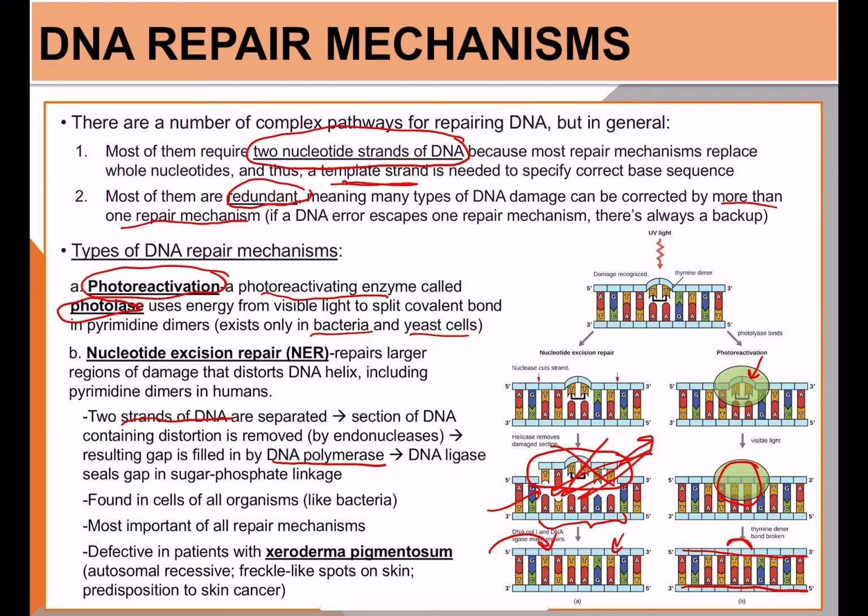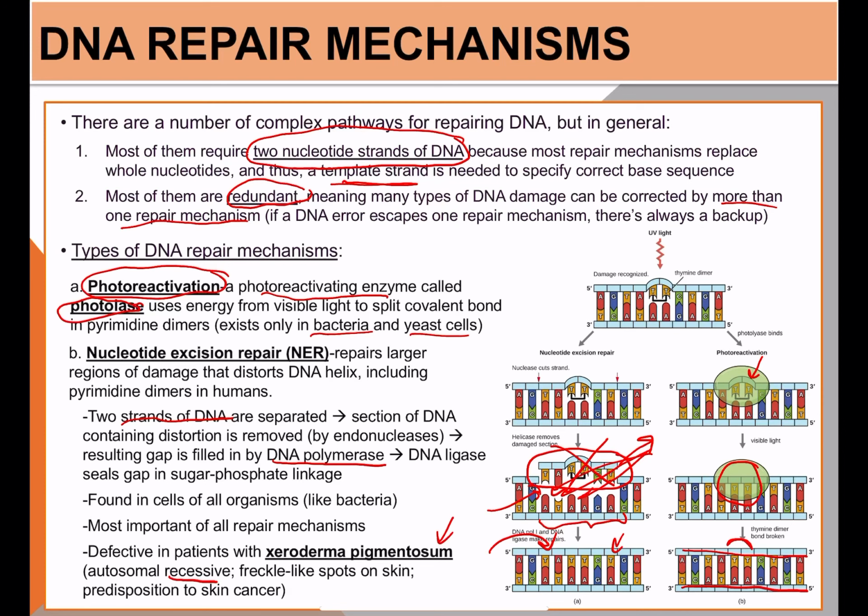It is actually one of the most important types of repair mechanisms, but there are diseases out there that have something going wrong with this particular type of repair. For example, xeroderma pigmentosum is a disease where this NER repair is defective in these patients. Luckily it's an autosomal recessive disease.